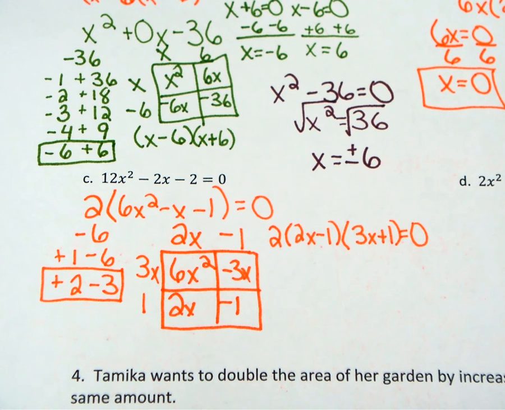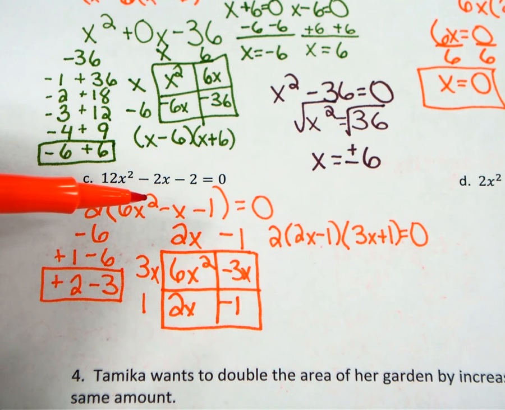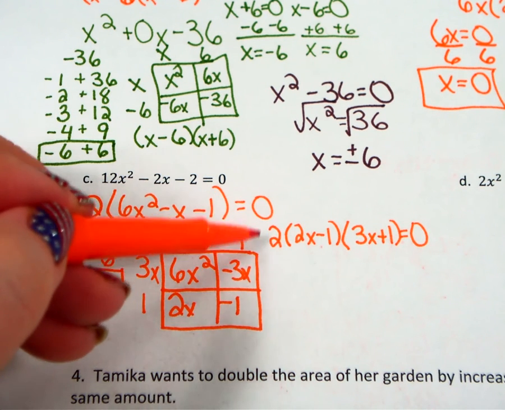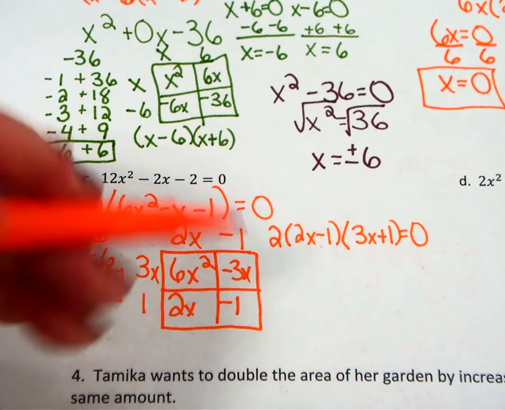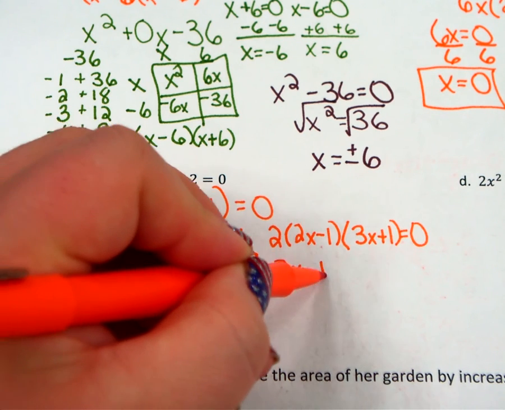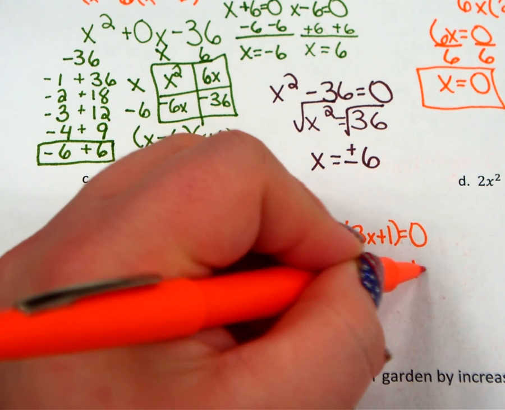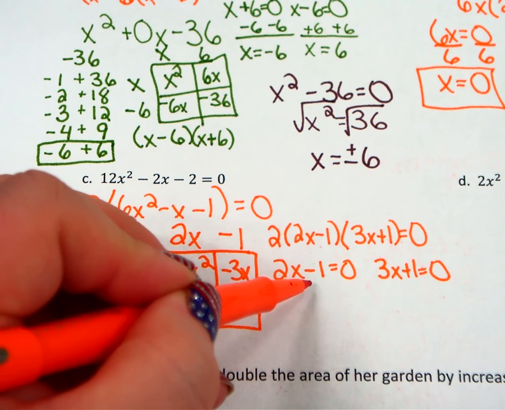But the directions said to solve, so we have to take it one step further. We're going to set each of those pieces equal to 0. This front piece does not have an x, so we don't need to set it equal to 0. This piece has an x, and so does the next one. So we're going to add 1 to both sides.